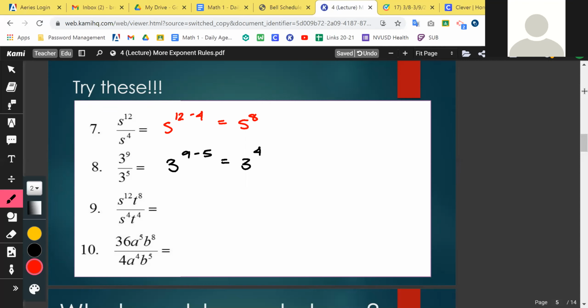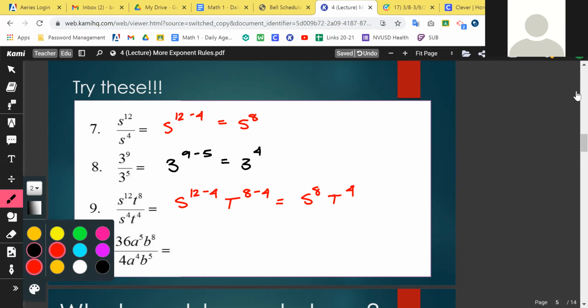We take them one at a time, so I'm going to look at my s's first. Keep the s, 12 take away 4. And then I'm going to keep the t, and 8 take away 4. And then I just clean that all up. So I have s to the 8th power and t to the 4th power.